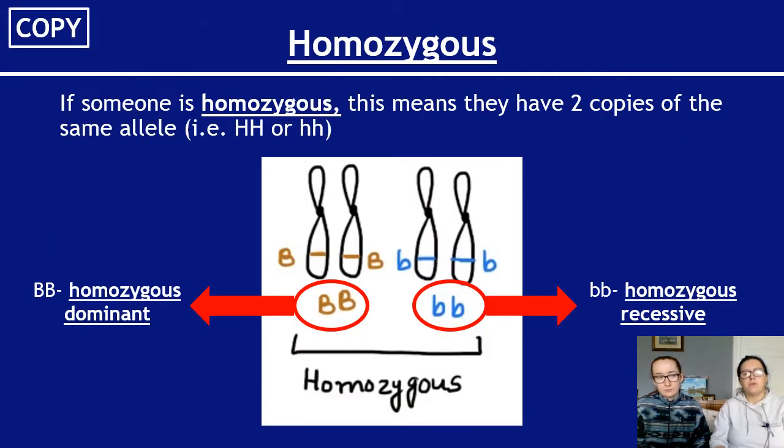Okay, let's touch on what it means if the letters look different or the same to each other. If someone is homozygous, they have two copies of the same allele. This means they're going to be either two big letters or two small letters, not a mix of big and small. If you think of the prefix homo, it means same.